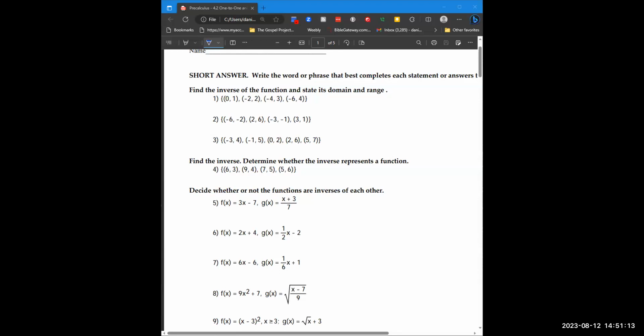And number 4, the reason that it's different is that it doesn't tell us right away whether the inverse is going to represent a function. It doesn't say find the inverse function, which assumes that there is an inverse function. We need to determine, if we switch the x and y's, whether that relation actually represents a function before we call it an inverse function.